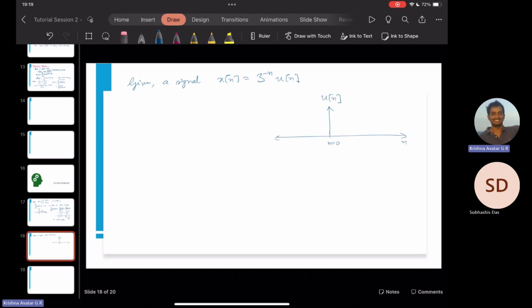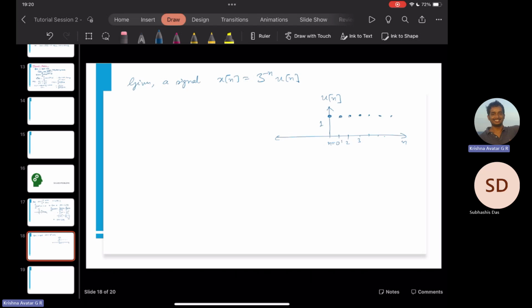From n equal to 0 onwards, it has a value of 1. Here n is the integer index variable, so n is equal to 1, 2, 3, likewise, and at all points it always has a value of 1, only when n is greater than or equal to 0.